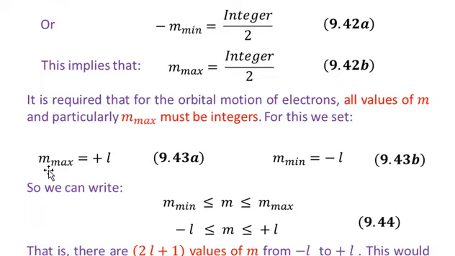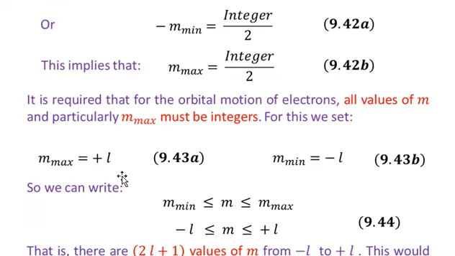For that, we can set m max equal to plus L, and of course m minimum equal to minus L. So these are the extreme values: the extreme value of m max is represented by plus L, and the extreme value of m minimum is represented by minus L, where L is the orbital quantum number and m is the magnetic quantum number. So far I have not talked about what L is; I have just taken L as a number only.